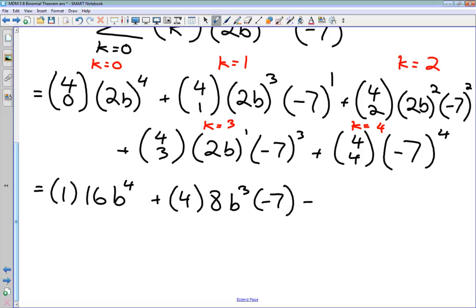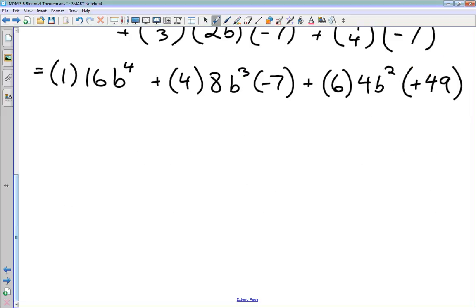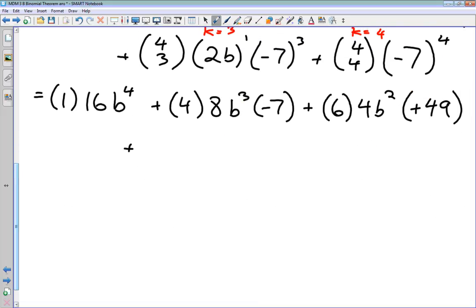Our next term, we've got 4 choose 2. 4 choose 2 is going to be, what, 6? Okay. 2b squared gives us 4b squared. And then negative 7 squared is giving us a positive 49, because it's an even exponent. Coming down to our next term, we've got 4 choose 3, which is going to be 4 again.